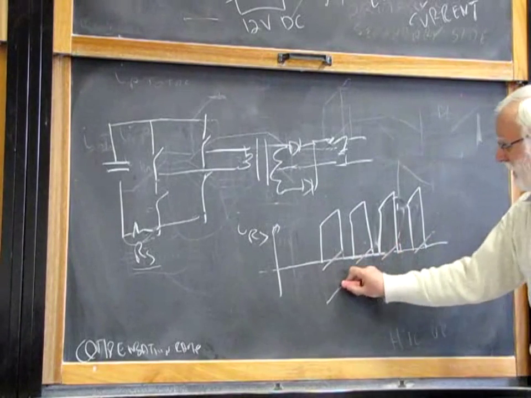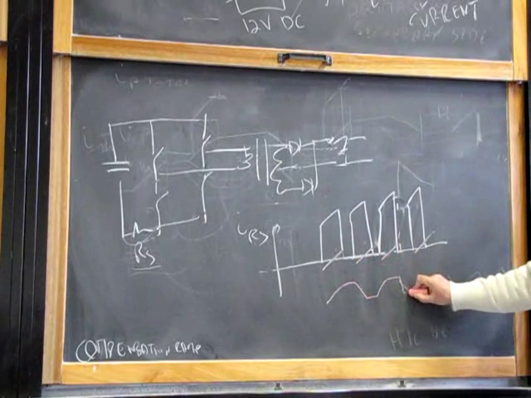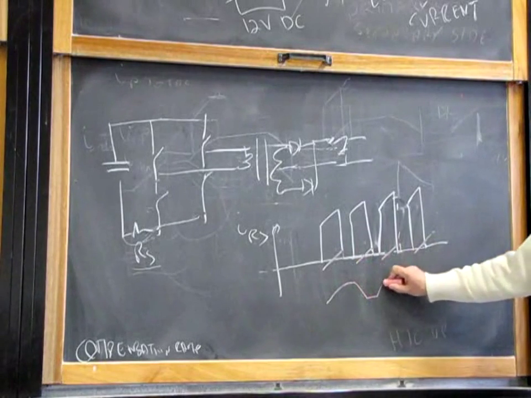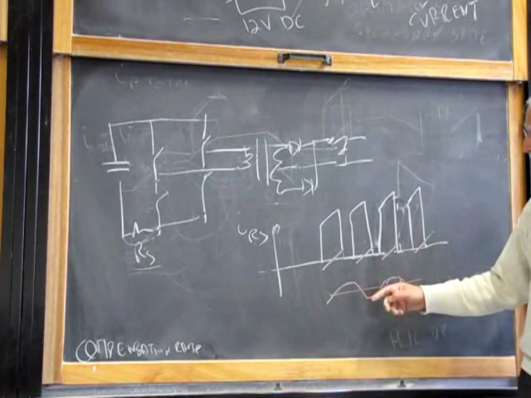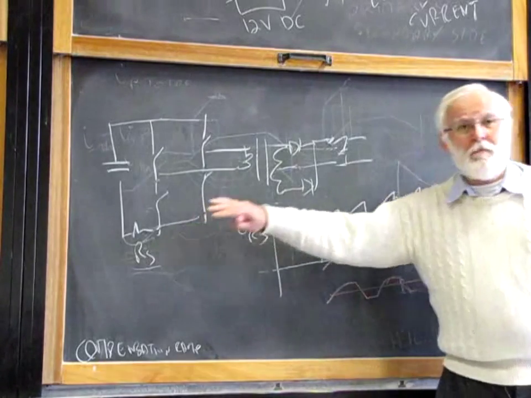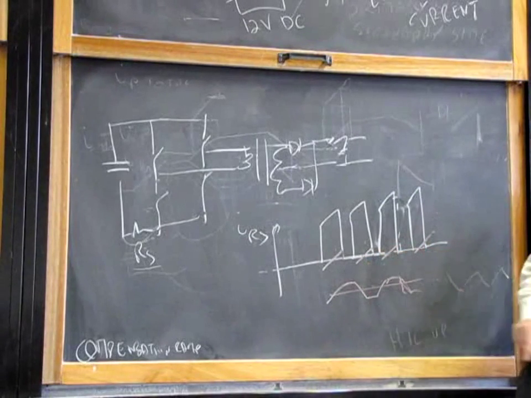Remember, magnetizing current is something like this, centered around 0. But if we measure at this point, basically all the negative pulses become positive, so we get something like this.